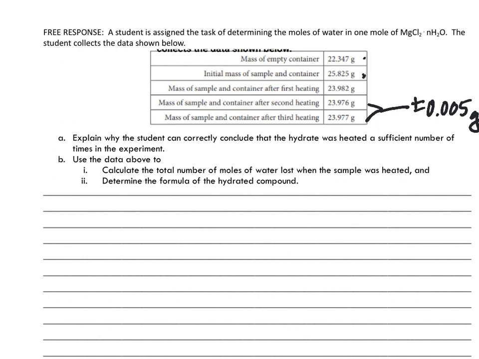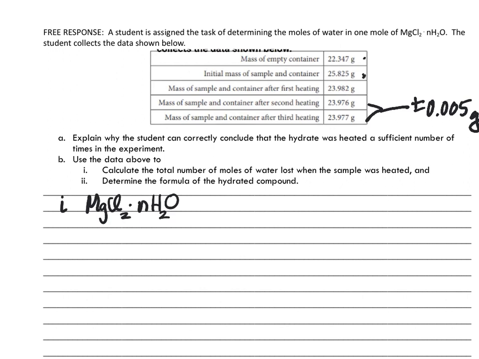So here, for our total number of moles, I'm still going to figure out what those masses are. To begin with, I'm going to have my hydrate, which is the whole thing, the MgCl2 dot nH2O. In my class, we used X just to denote any unknown.